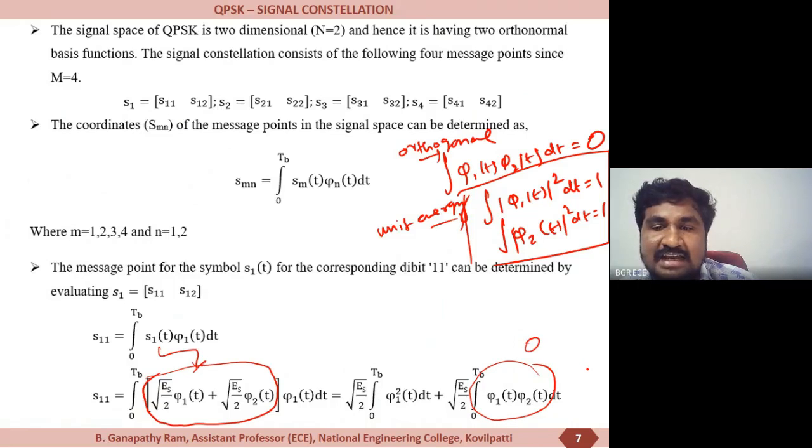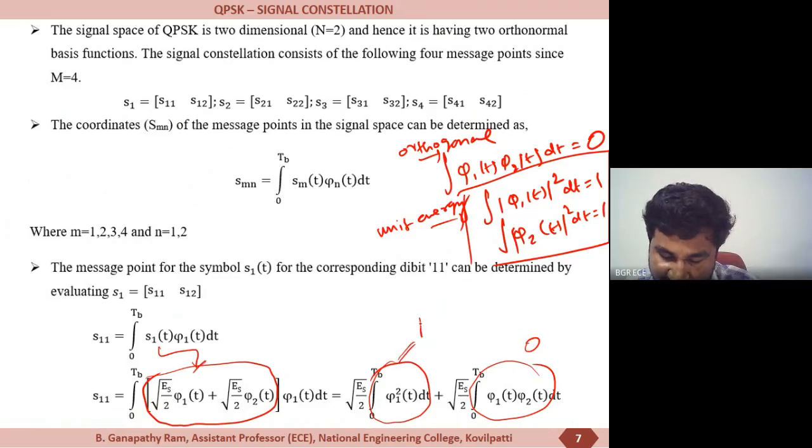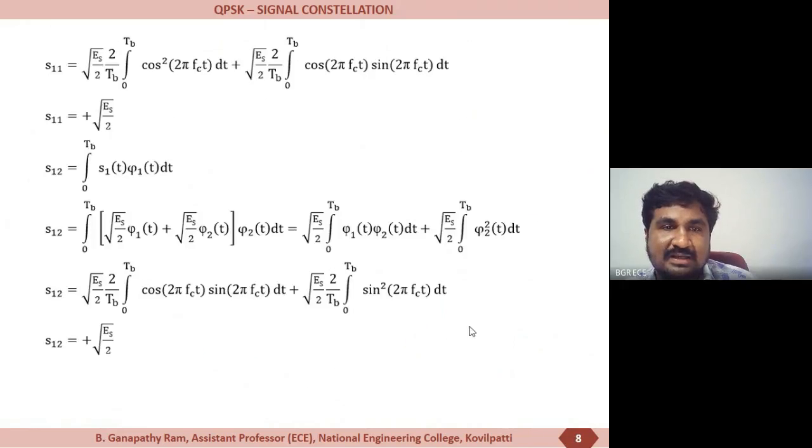Hence, phi1 of t and phi2 of t are orthogonal to each other, and this will become the energy of the orthonormal basis function phi1 of t, whose value is unit joules. So S11 is square root of Es by 2.